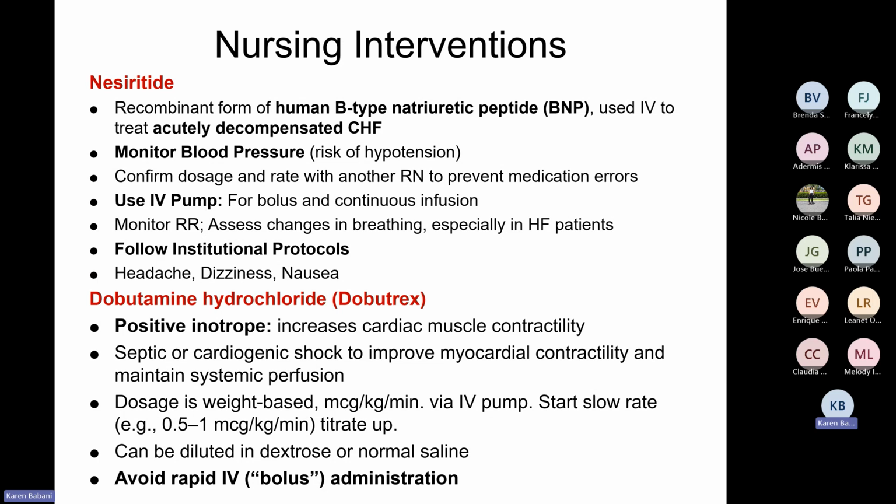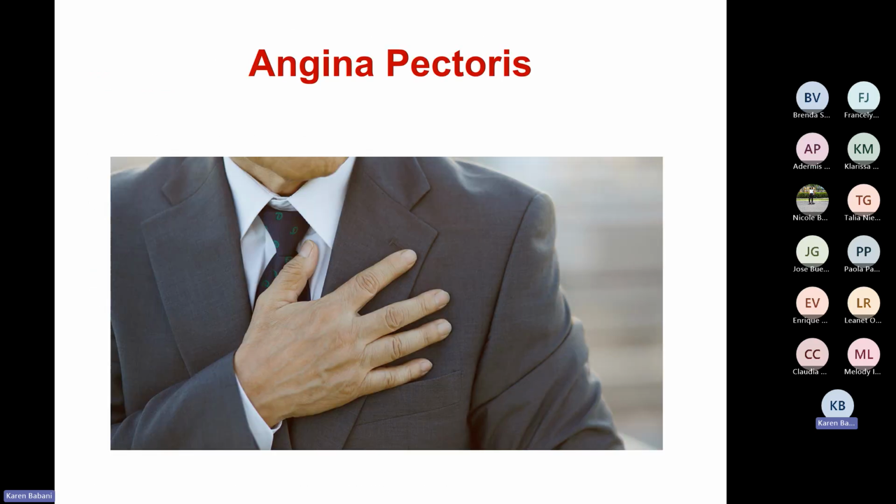What you need to know for NCLEX purposes is that you start at the lowest dose and then you titrate up. You can dilute this in dextrose or saline, and do not give a bolus of dobutamine. Again, hypotension. Dobutamine goes very slow.